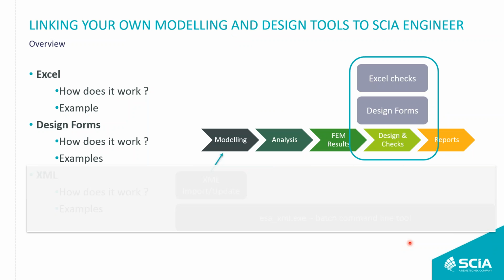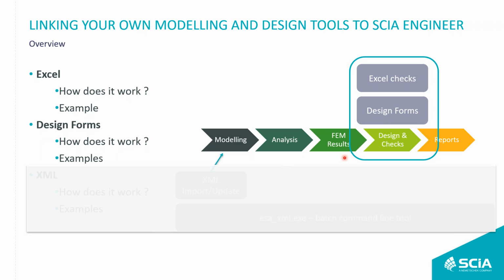Now, the overview of what we are going to see is how to link SCIA Engineer to Excel and to the design forms. But first, we will look at this path here. So these are the different steps that you take when you use SCIA Engineer interactively. So first you start with modeling, and then you can do analysis.